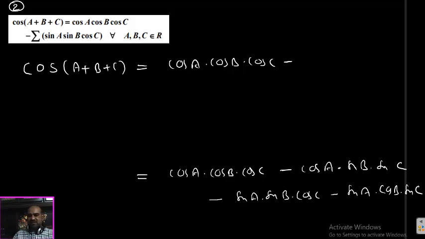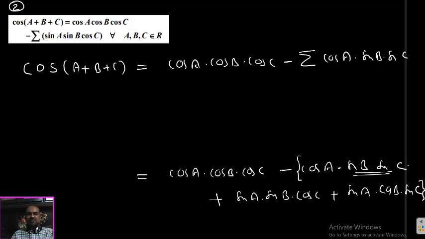After taking minus common, there will be plus inside the bracket. Observe students, A, B, C are coming cyclically, and here sin is two terms and cos is one term. Means what I can say, sigma cos A into sin B into sin C.